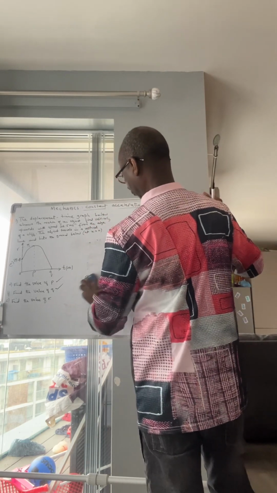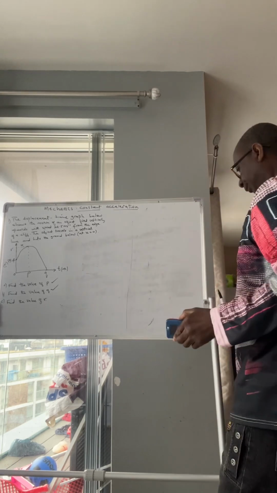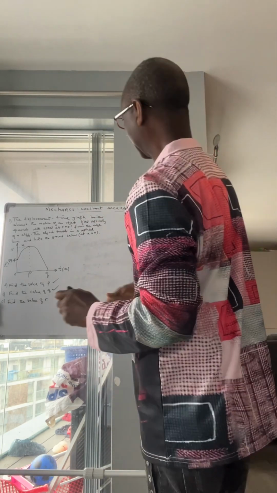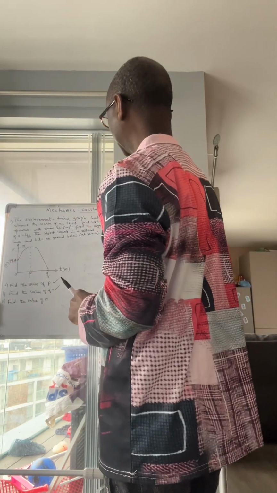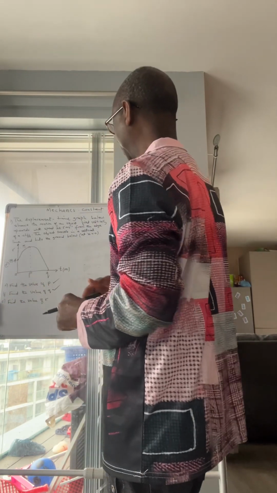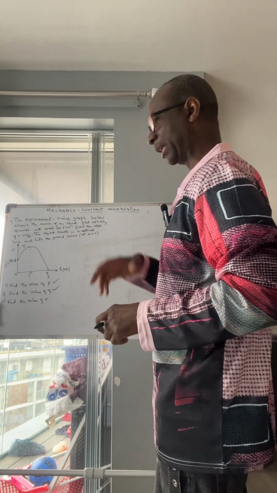They say find R. You want to find this distance. So in finding this distance R, we're going to look at the entire picture of the diagram or the graph we are given.